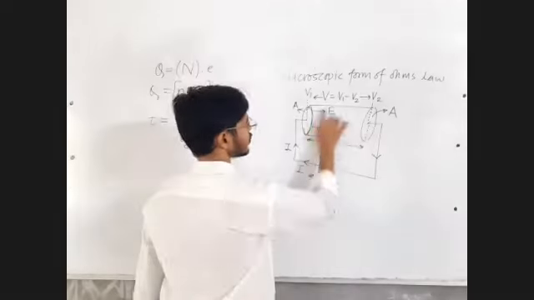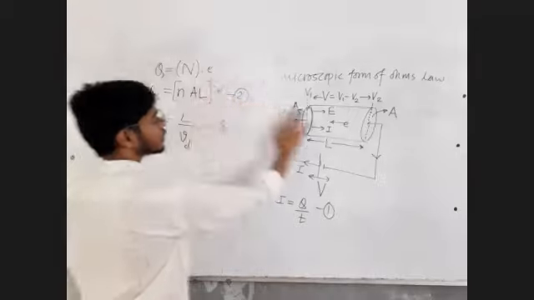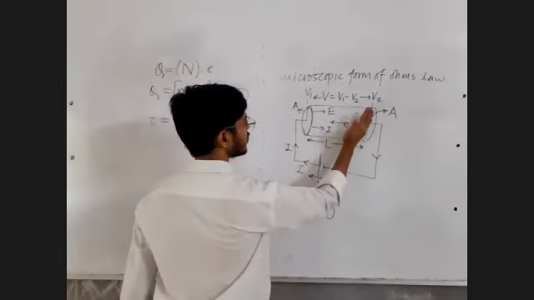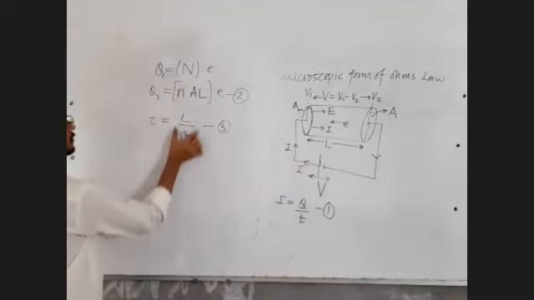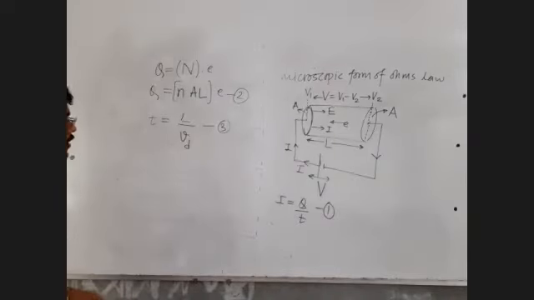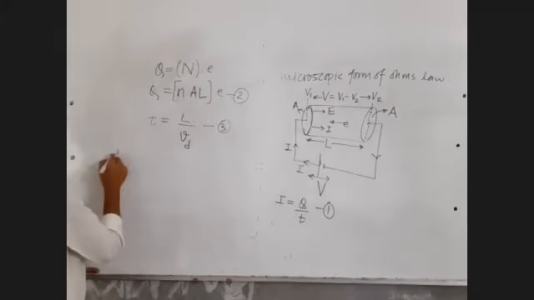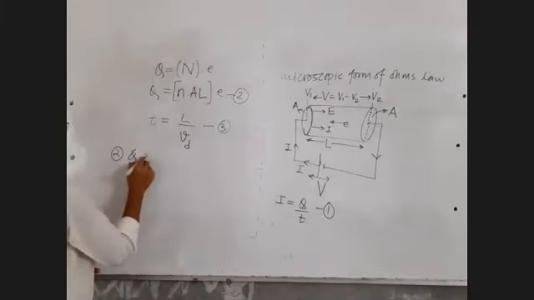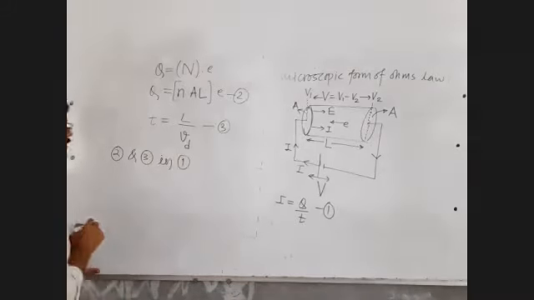So these number of electrons into charge on a single electron: this much charge is crossing this cross section in this much time. So what you can do is put equation 2 and 3 in 1.